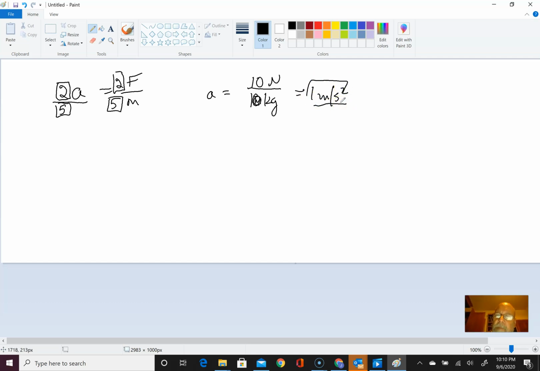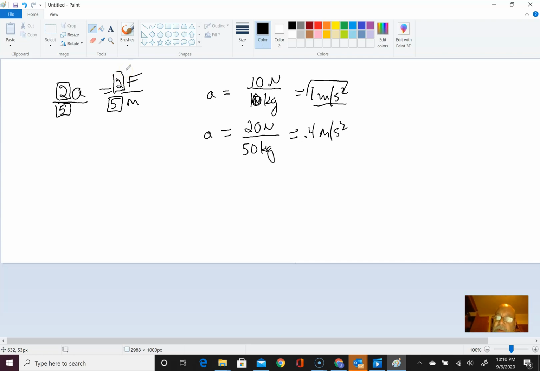Now, let's suppose I double that force, and let's say I have 20 newtons of force, and now I have multiplied the mass times 5. Now I have a 50 kilogram mass. It's going to be a lot harder to push that, right? My acceleration is now going to be 0.4 meters per second squared. Okay, so that's the way that Newton characterized the relationship between acceleration and force and mass.